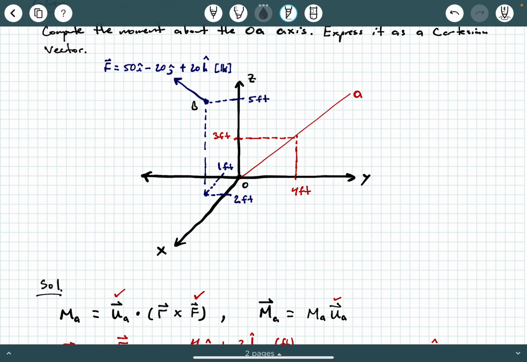So here's a question for you. What is a convenient point on the OA axis that I can use, and what is a convenient point on the line of action of this force vector that I can use?